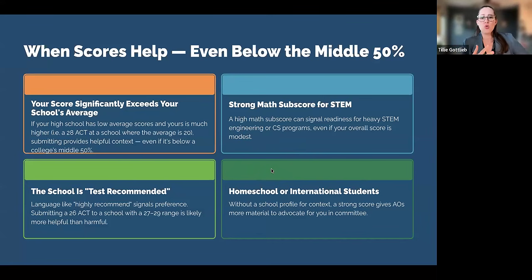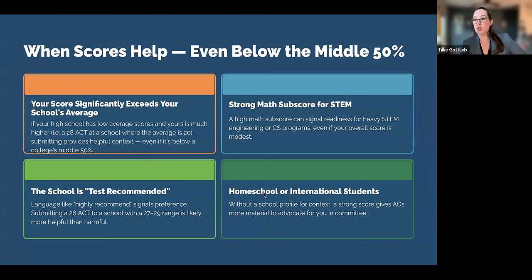And then for our homeschool or international students, or maybe we've had a lot of comments from folks who are at virtual schools, or you're doing some sort of not a typical curriculum. There's many students doing that all over the world, and AOs are familiar. But if you are in one of those contexts, and if there's not a school profile, if you have a strong score, it gives more material for us to advocate for you in committee.